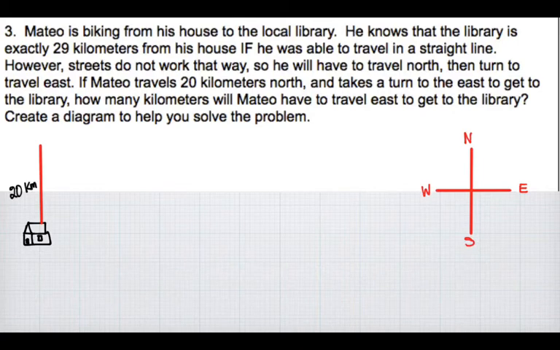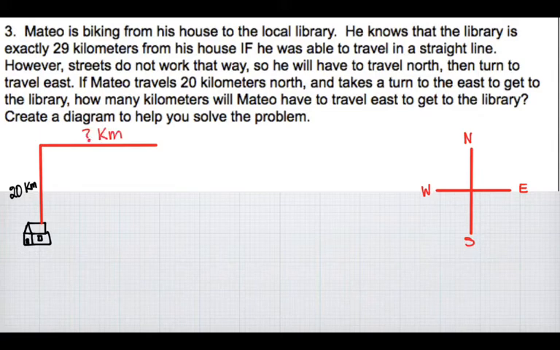Okay. Then he's going to turn and travel east. So east, at this point right here, he's going to turn and travel east. So he's going to be going this way, right? So he's going to go this way, like that, right? We just don't know exactly how many kilometers he's going to travel east.